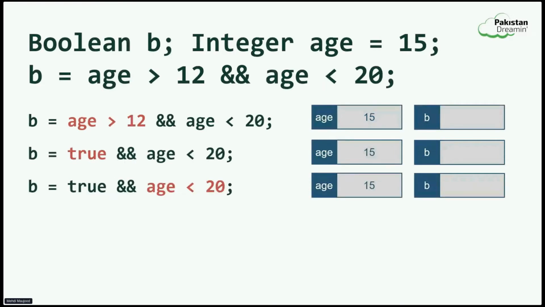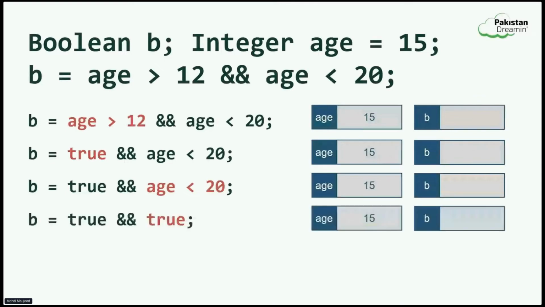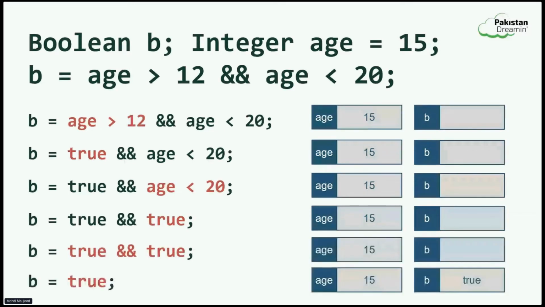Age is less than 20. Yes, that is true. And finally, the next piece, what is the computer going to evaluate? We are left with true and true. True and true is simply going to evaluate to true. So once the statement has finished executing, the value true is going to go into the variable b.